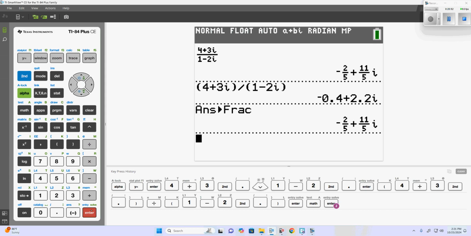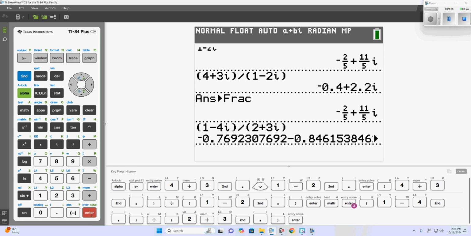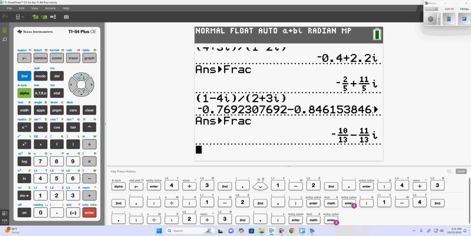So the second one we did, 1 minus 4i divided by 2 plus 3i. We get this here, but if we hit math, enter, enter, it turns it into negative 10 thirteenths minus 11 thirteenths i. All right.